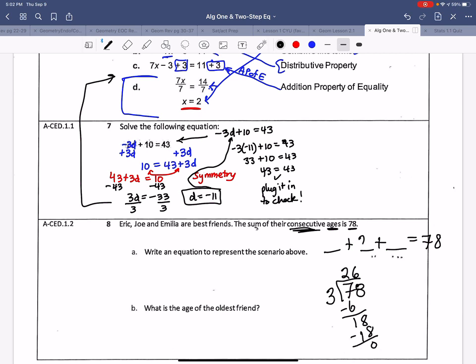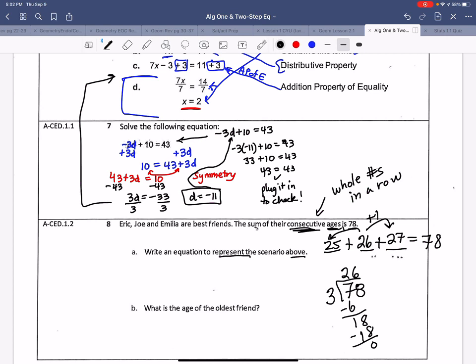Okay, so definitely 26. Everyone's around 26. So we said consecutive means whole numbers in a row. So that means this person must be 27, and so I add 1 and I subtract 1. That must be 25. And it says write an equation to represent the scenario above.